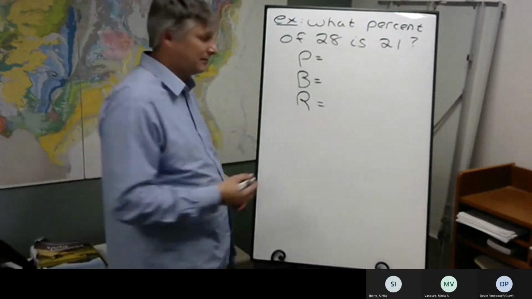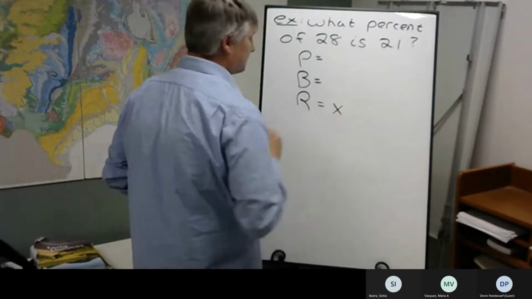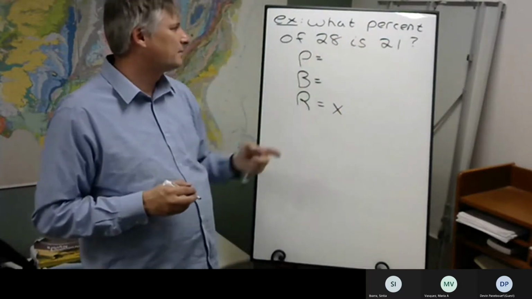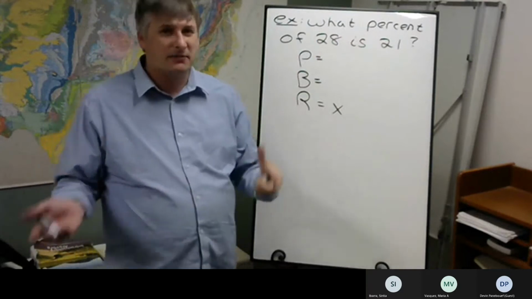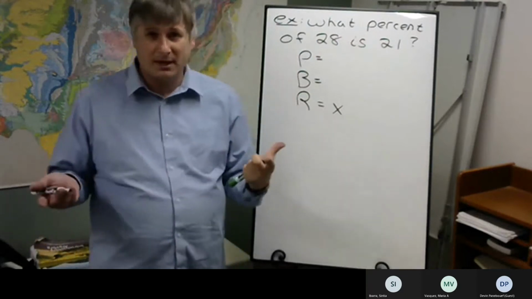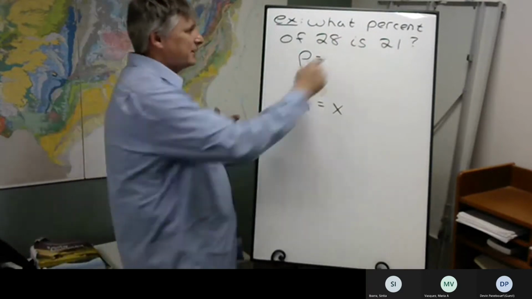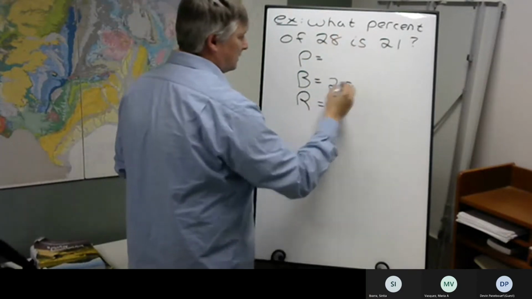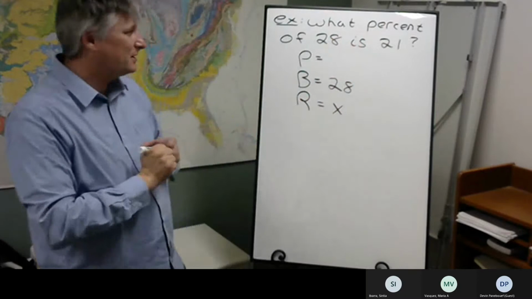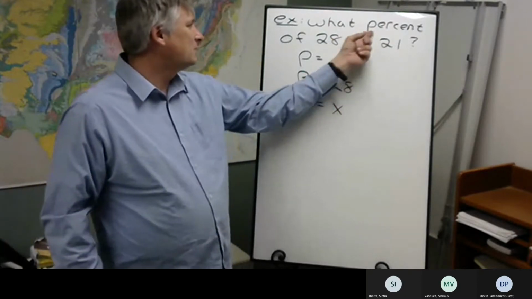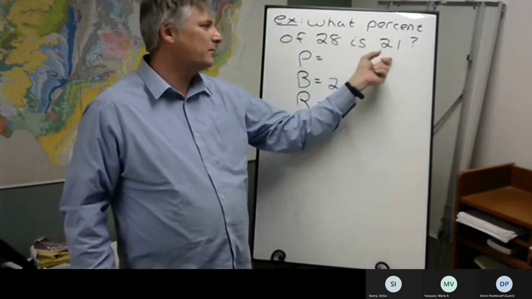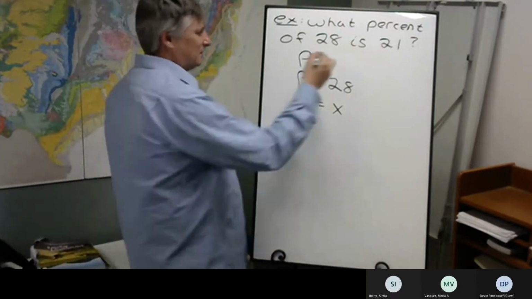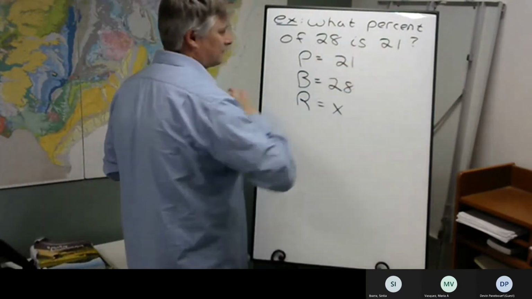So that's going to be X. Now, a percent of something, well, we take a percent out of a chunk, out of a whole, or a base. So we're going to take a percent out of the base. So this is 28. And then they're actually asking what percent of 28 is 21? Like 21 is part of 28. So that's going to be 21.